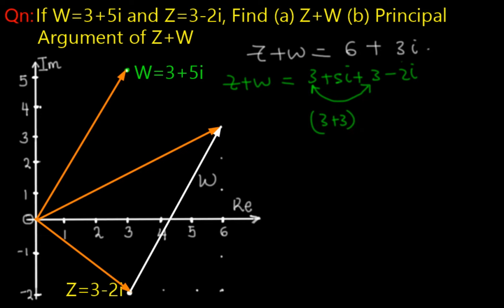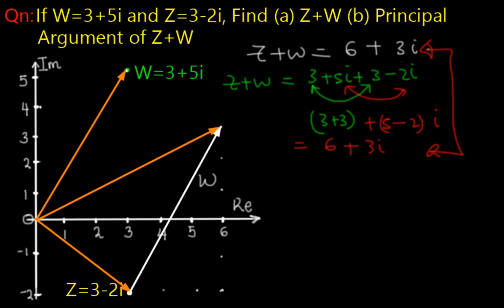So we shall have 3 plus 3, this is a 6, plus 5 minus 2, that is a 3i, which is the same as our answer using the graphical or geometrical method.